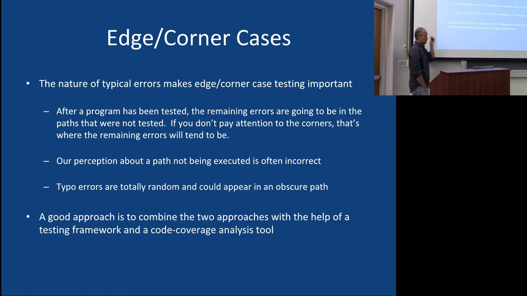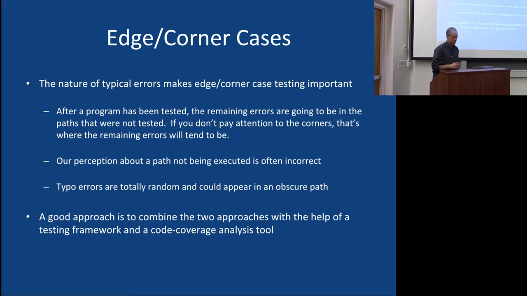All right, now I keep mentioning that we need to test edge and corner cases. Those are just synonyms. But why? These are some reasons why it's important to do that. If you do a job of testing and you found some mistakes, the ones that you haven't found are more likely to be in the paths you didn't test.